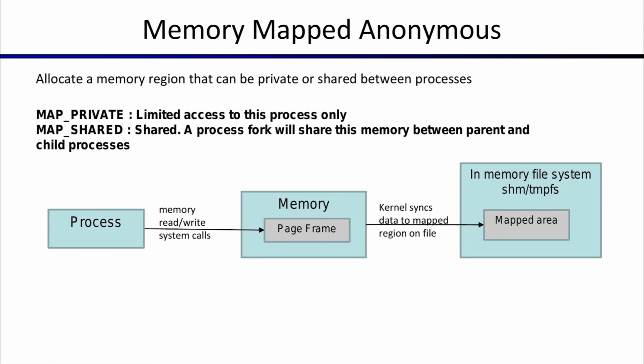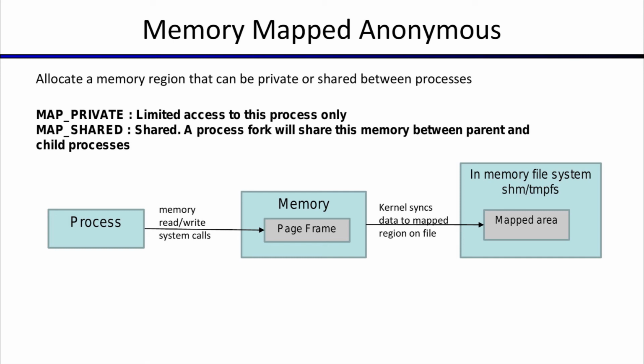In this case, memory mapping is implemented the same way as with a file backing, except that it writes a file backing to the in-memory file system instead of a physical disk-based file system. And so you will lose the data when it's gone, but you are able to manage just memory frames through this memory mapping for anonymous.